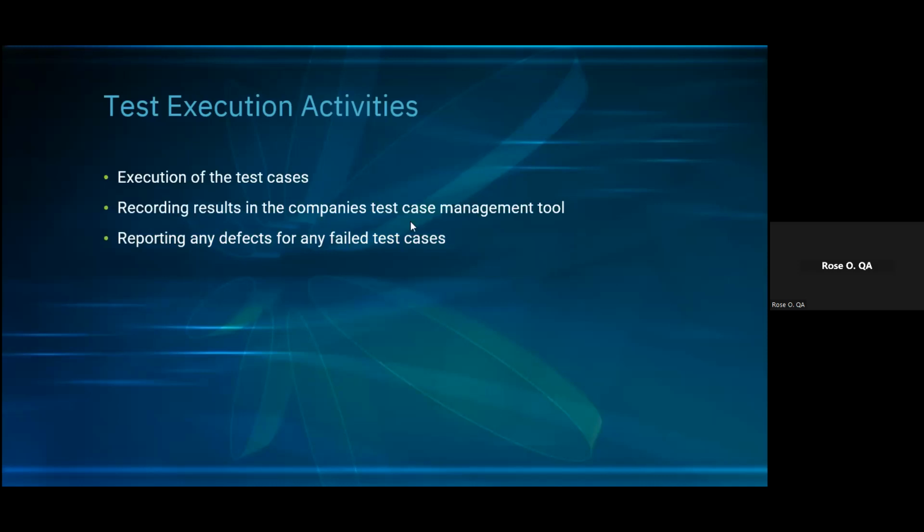So the next thing, reporting any defect for any failed test cases. So you have to report a defect. How do you report a defect? The first thing is you create steps to reproduce the defect. For example, if you try your login details, you've put valid details and you're unable to log in, you've tried severally and checked, and you're still unable to log in, then you need to raise a defect and let them know.